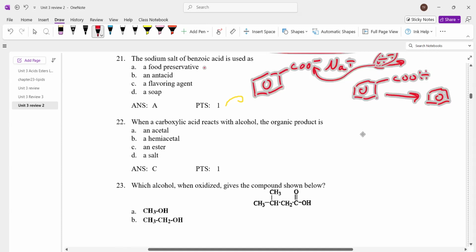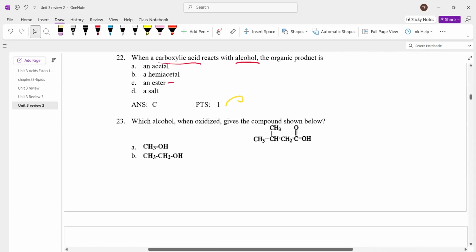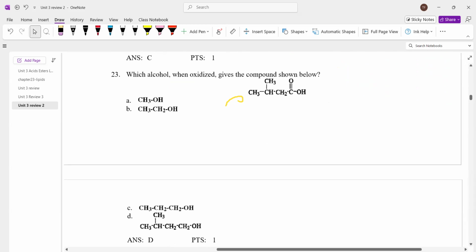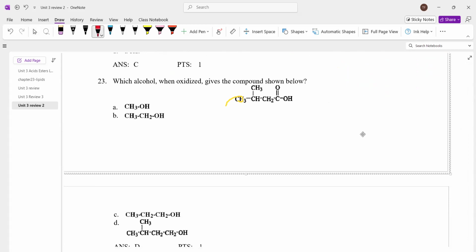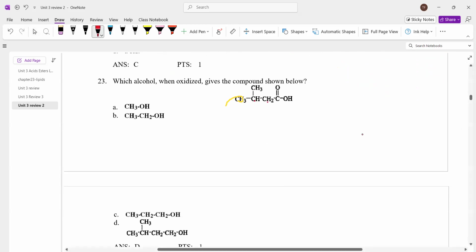Okay, so we have an acid and an alcohol produces an ester. Whenever we oxidize, so this is a 1, 2, 3, 4, four carbon acid, with a branch on carbon number 3.